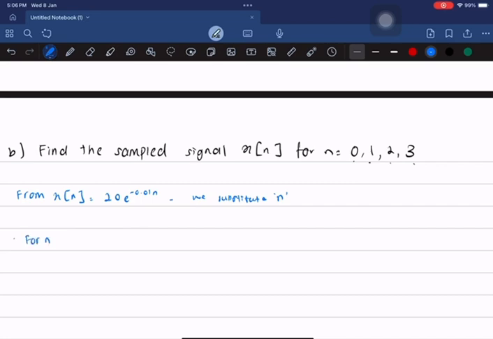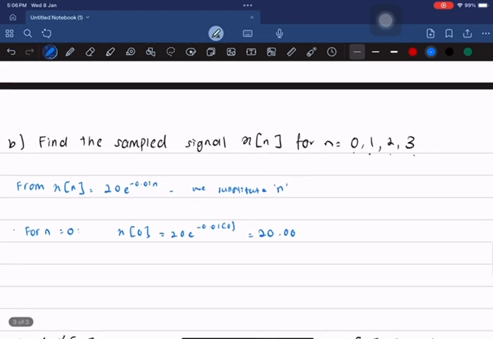For n equals 0, x[0] equals 20 e^(−0.01×0), which is 20.00. I am taking 2 decimal points.